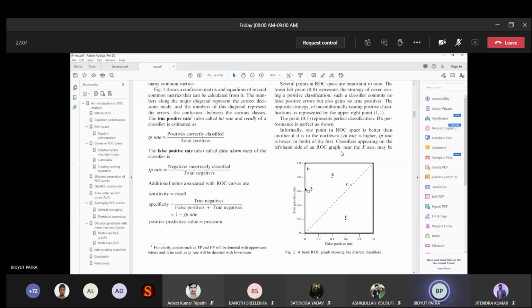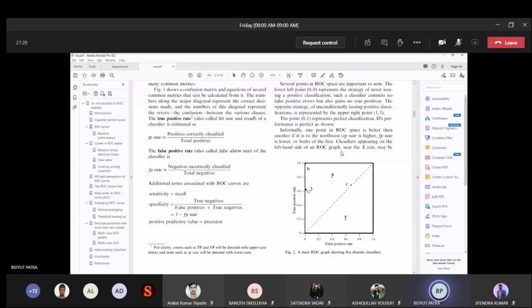Along with these two terms there is the true positive rate, which is nothing but recall, and another thing called the false positive rate.